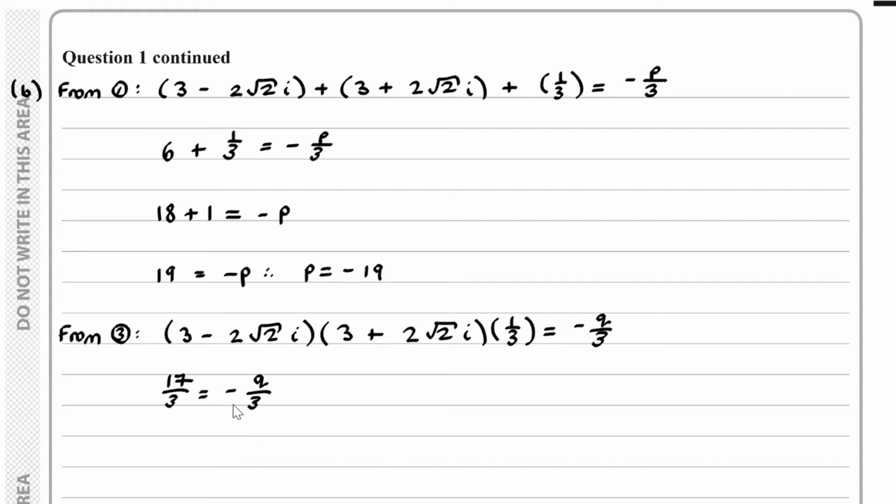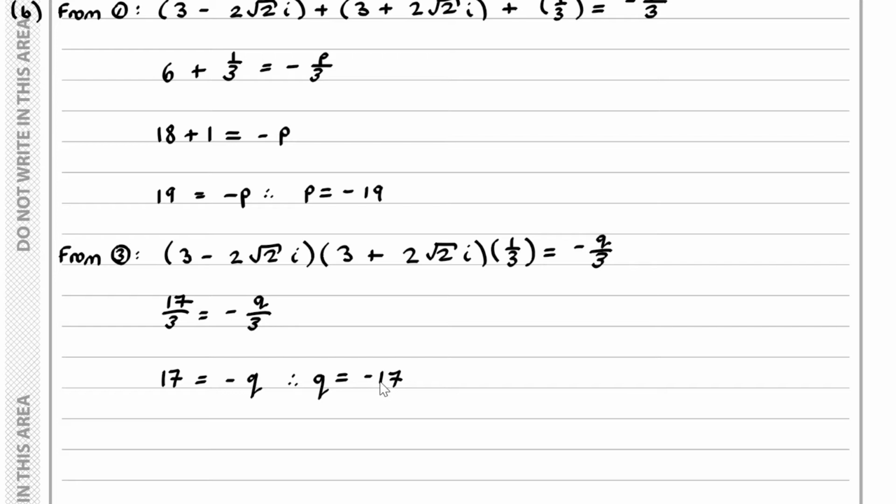And now if we multiply through by 3, 17 is equal to minus q, q is equal to minus 17. And knowing the value of p and knowing the value of q, we can say in conclusion, f of z, that's equal to 3z cubed minus 19z squared plus 57z minus 17.